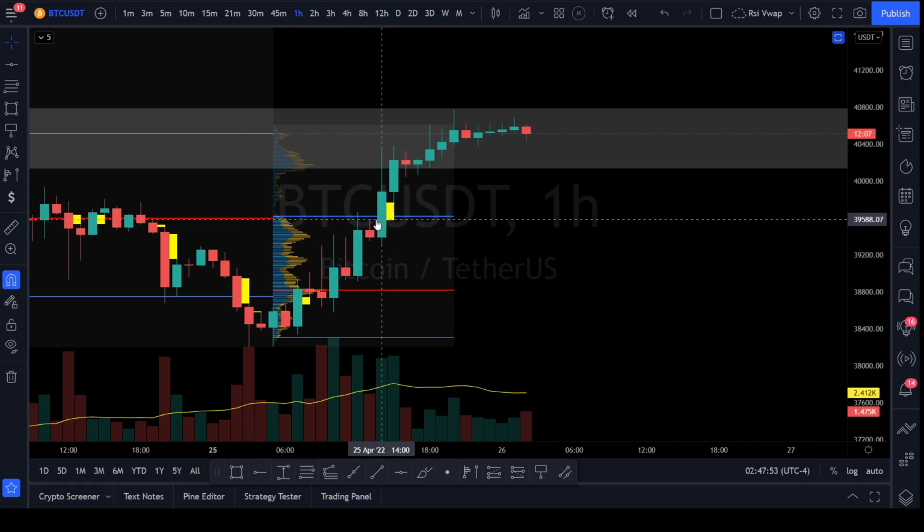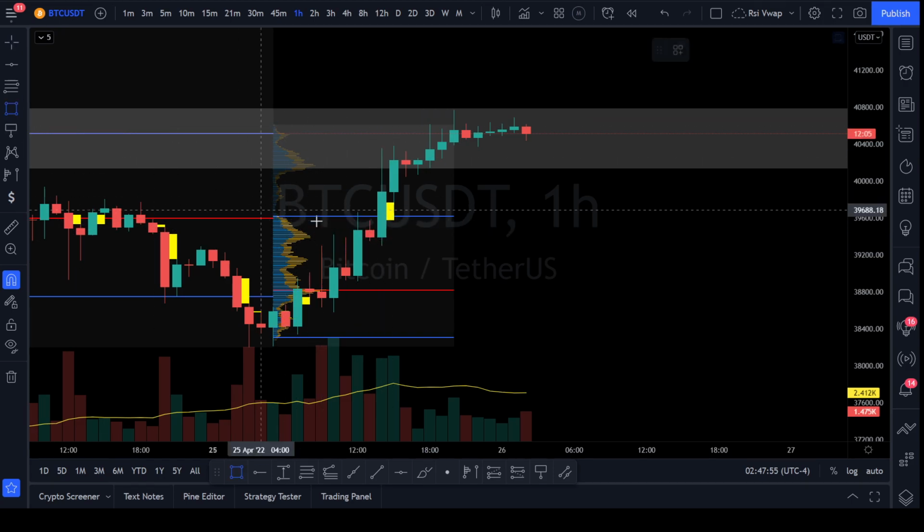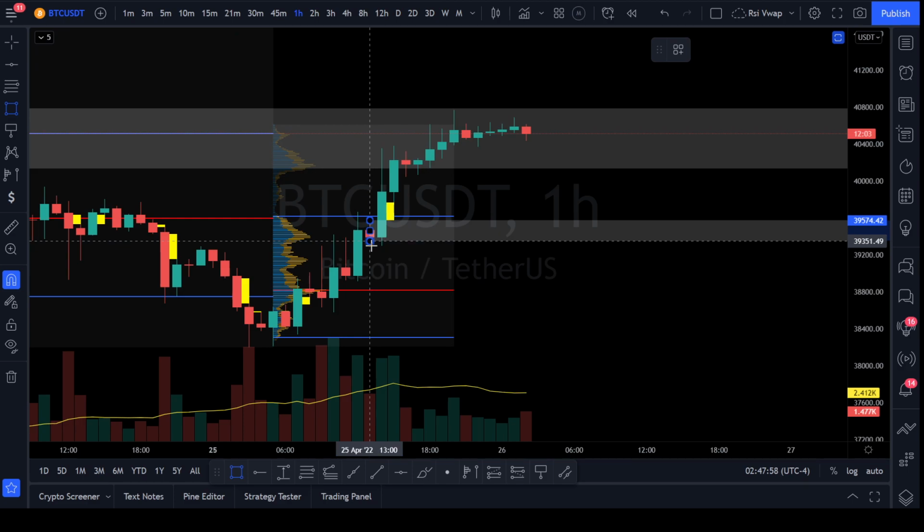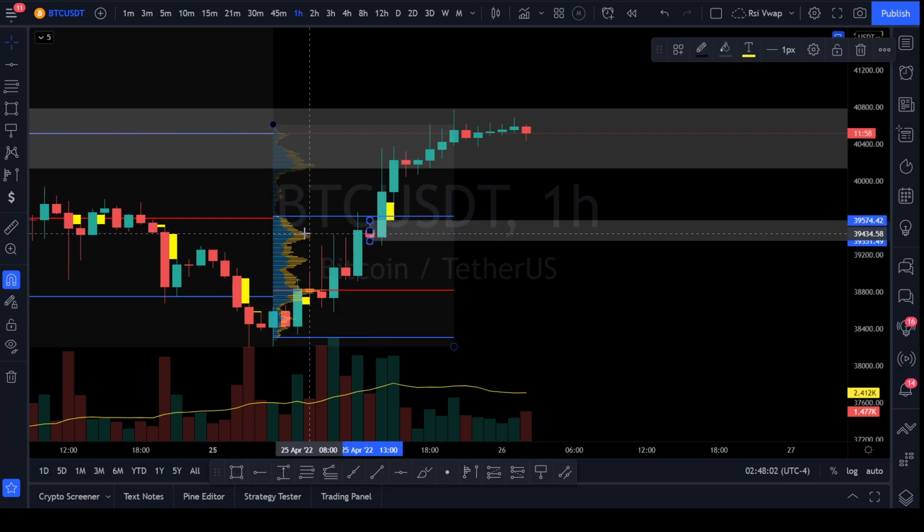Okay, so right now we have an order block here that is confluent with a high volume node. And we also have an imbalance on this impulsive candle up. So there's a likely point Bitcoin's going to come back down into this 39.5 range.